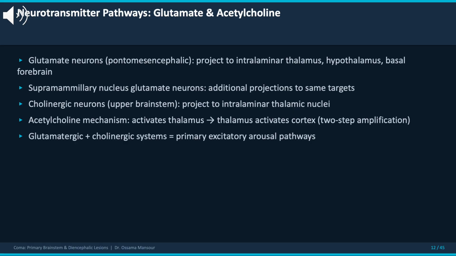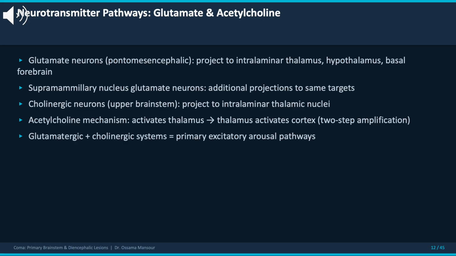The next major system involves acetylcholine neurons located immediately adjacent to the reticular formation in the upper brainstem. These cholinergic neurons project prominently to the intralaminar nucleus of the thalamus. The mechanism by which acetylcholine promotes arousal involves indirect facilitation of excitatory signals.